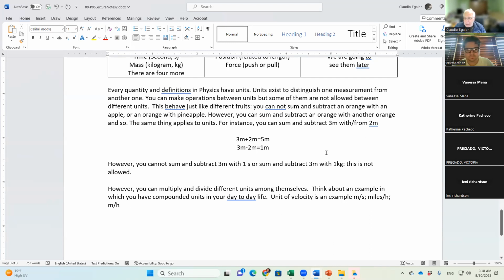But the main unit that you're going to use in physics is the one that uses the main SI units. SI stands for International System of Units. So that's allowed in physics.